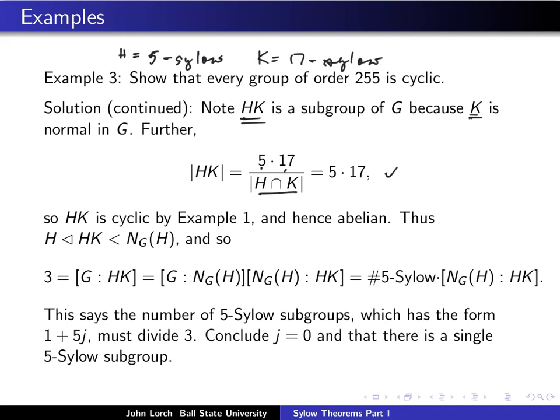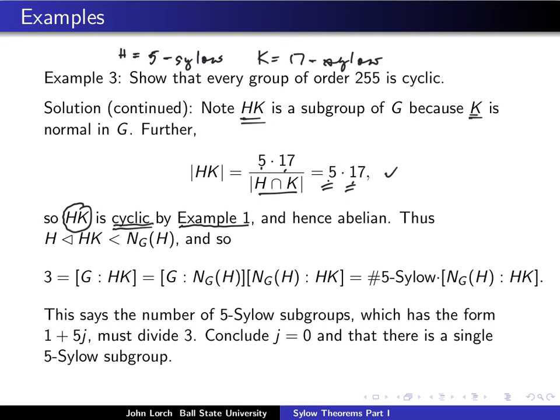Now notice that this group HK is of order pq, where p is less than q and p does not divide q minus 1. So we can apply example 1 to know that this subgroup HK is cyclic.